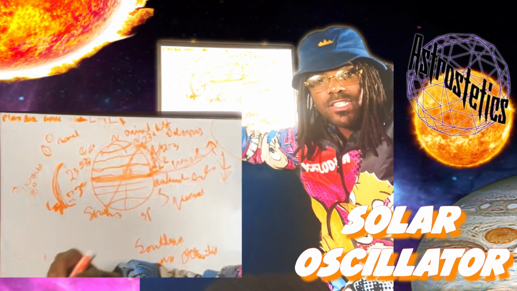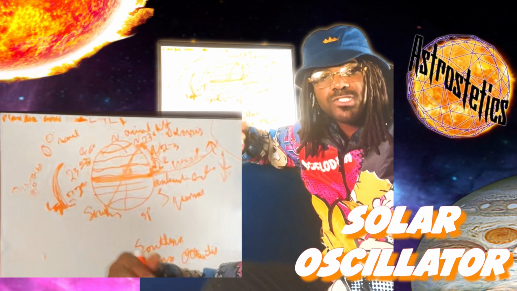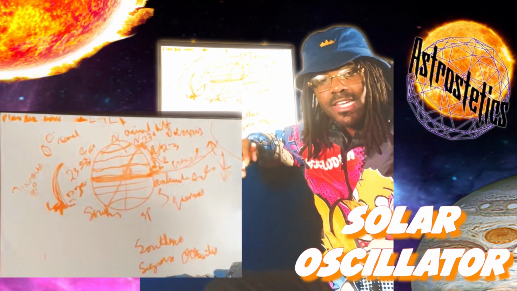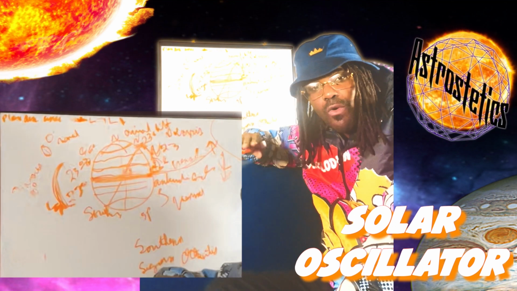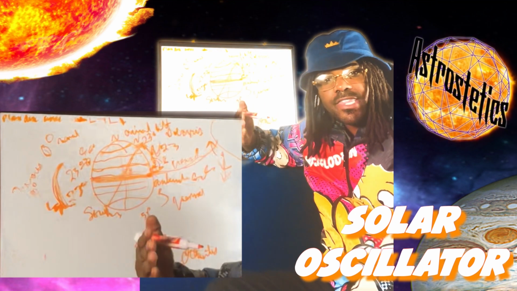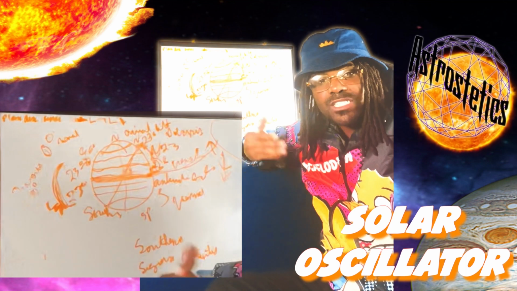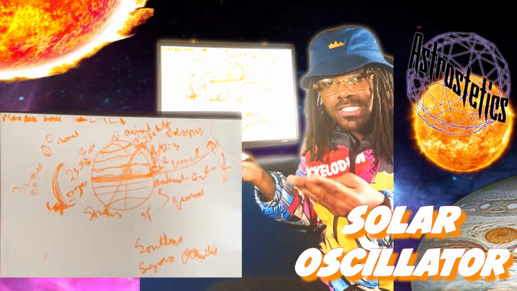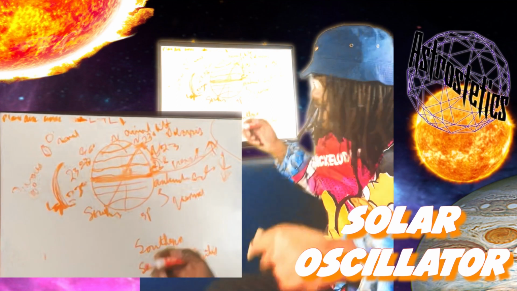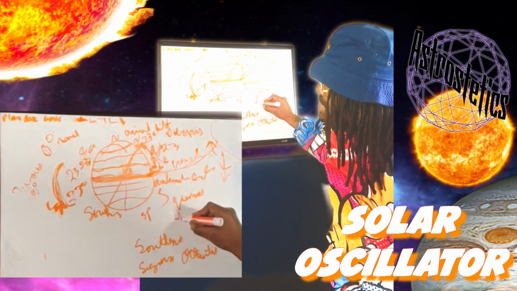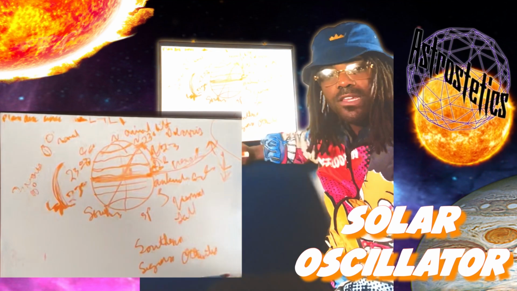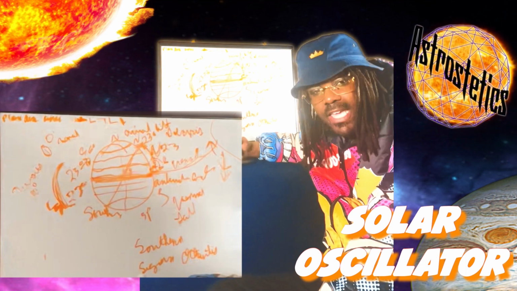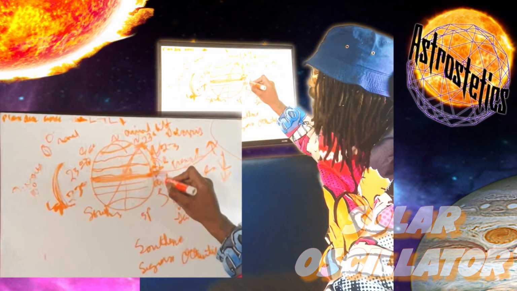In one aspect, the sun, the solar oscillator in astrostetics, is going upward like an elevator, and then when the sun is in Libra season, it's descending down. And this is why you see that Libra is represented as the scales, right? Because in a way, it's balancing things out. And when it's in Libra in the fall season, we also have an equal amount of day and an equal amount of night at the equator.